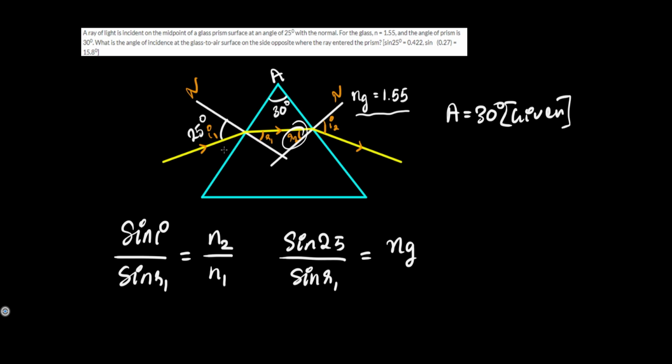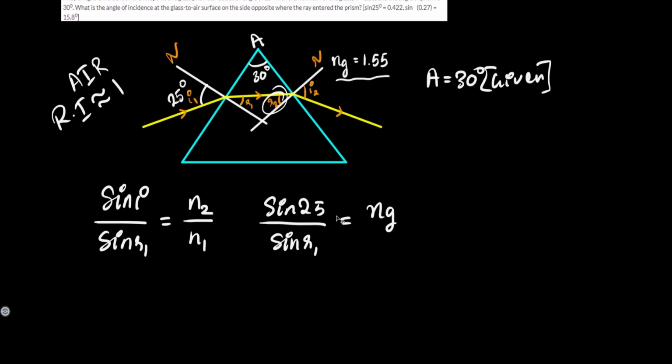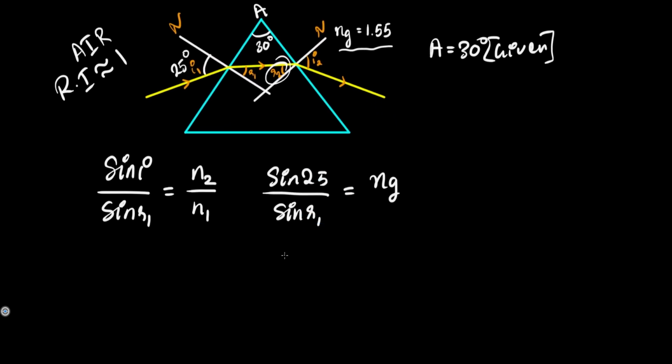That is 1 because it's air, and air's refractive index is approximately 1. It's not exactly 1. We're just making our calculation easier by saying it's 1. It's pretty close to 1, by the way. Okay, now let's rewrite sine R1 is equal to sine 25 by ng.